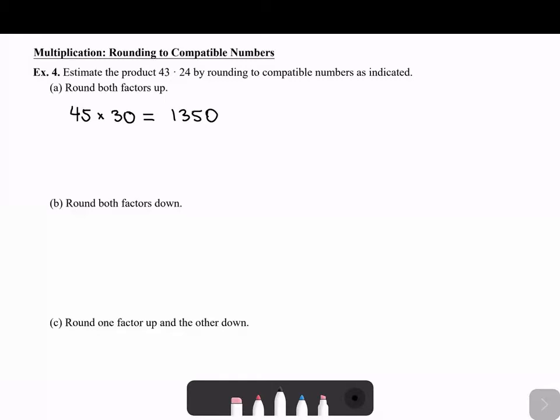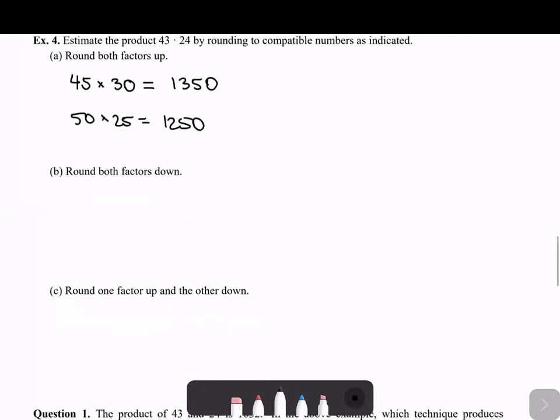And on the other hand, if we round this first factor to 50 and the second one to 25, this is going to be 1250. So in any case, these are pretty similar, but one of them is lower. So we can think of this as, well, we know that the product we're getting is definitely less than this one because we rounded both of the numbers up.